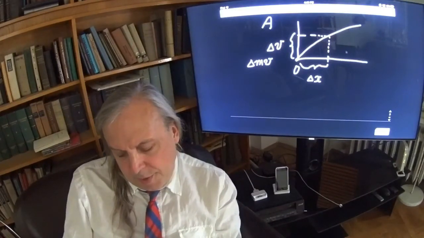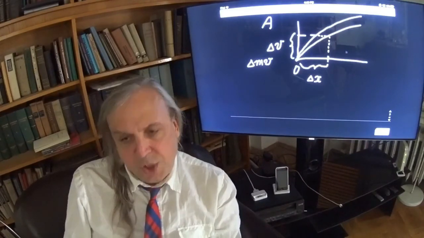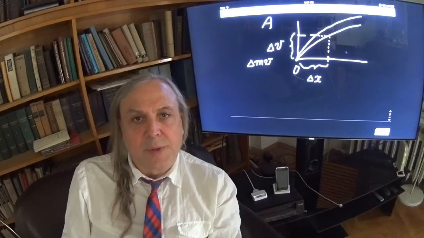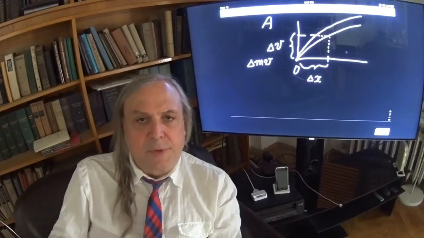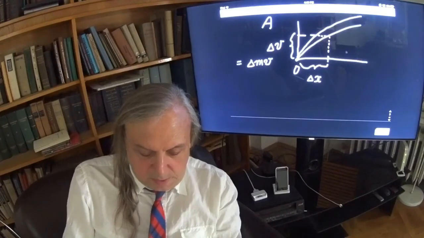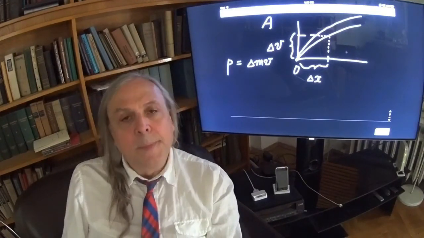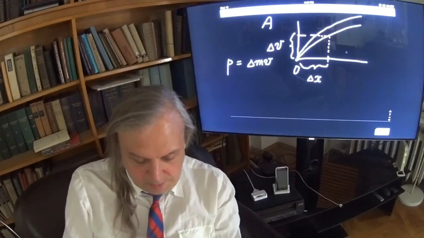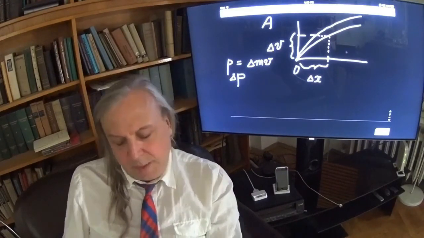And of course the character of this parabola will change corresponding to another m, to a different mass. And of course this is momentum, and more exactly the change of momentum.